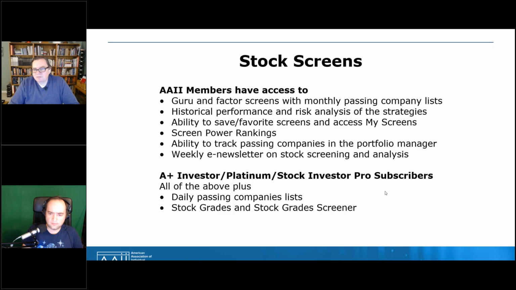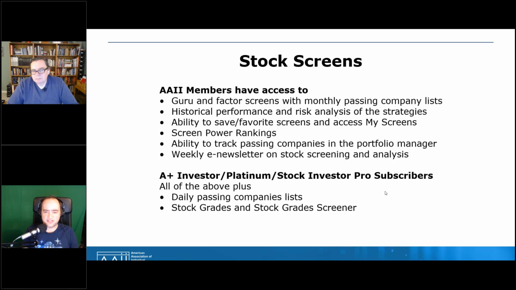It may be a little bit confusing at first, but hopefully by reading the descriptions, you'll understand what the source of that particular screen was and whether or not it made sense. Another one that's changed a lot over time is the William O'Neil approach, and his approach changed over time. Depending upon what edition of the book you read, the screens vary. So it gives investors and our members the opportunity to look at how the screens have changed over time and whether or not one approach may be more suited for them than another.